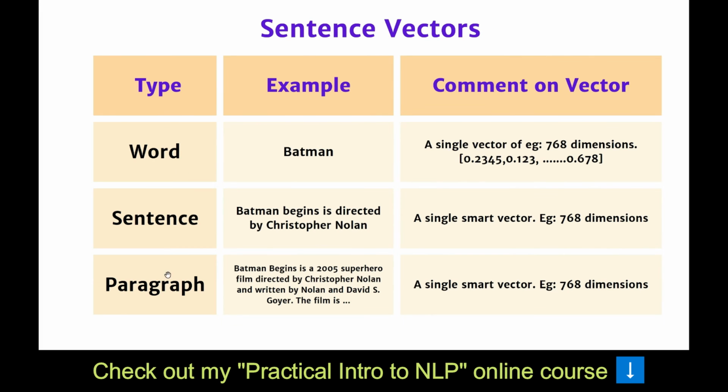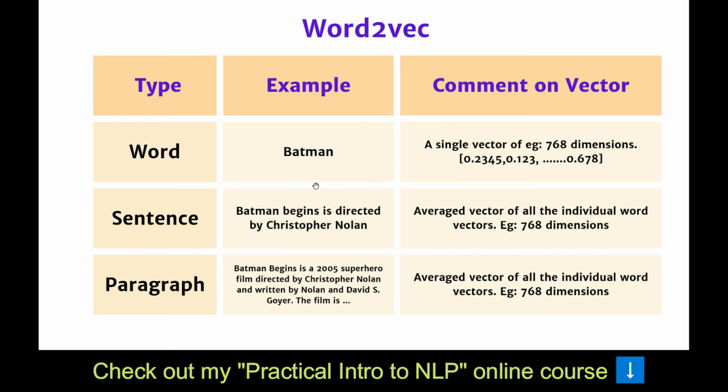So if you come to sentence vector, it improves on top of the word vector. You can see that the biggest shortcoming of Word2vec was there was no word sense disambiguation. Secondly, the average vector was pretty simple, just averaging across all the words.